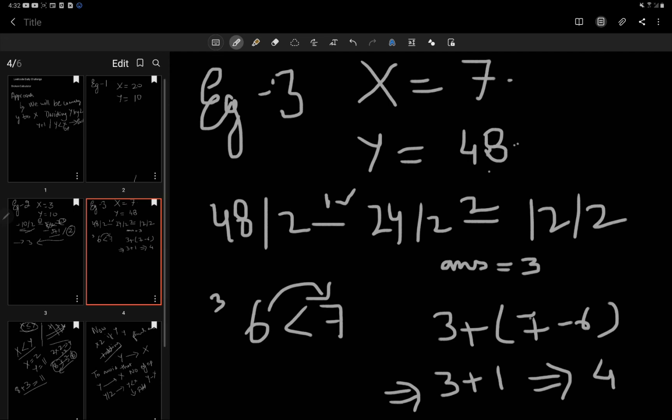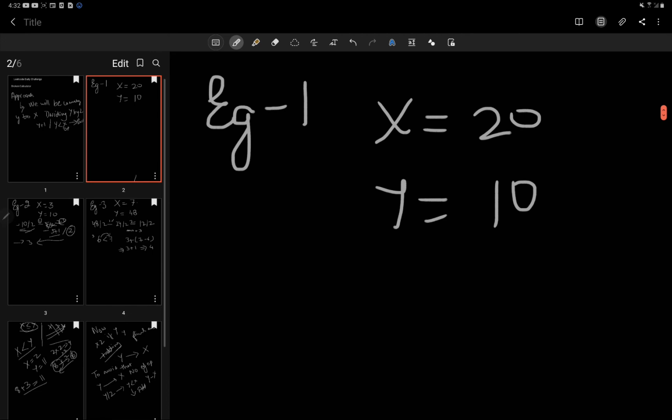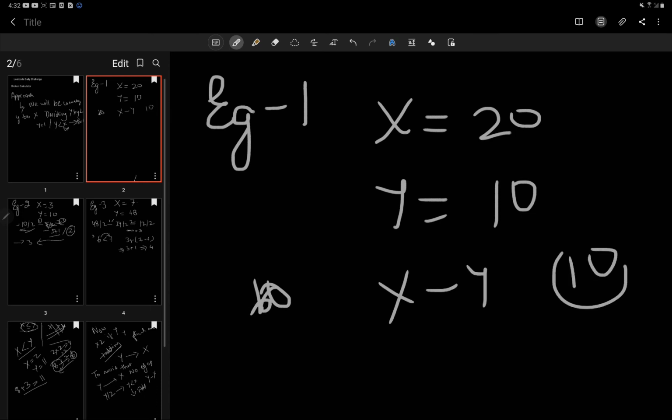Okay, so let's move to another case where y is less than x. In this case, we just subtract them. x minus y, what is the value? That is 10. So 10 will be the number of operations, because we can only add one or decrement one.